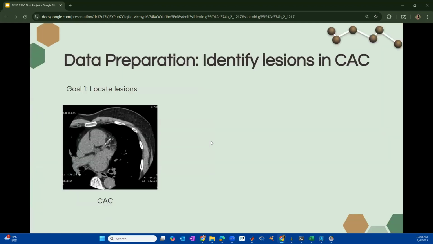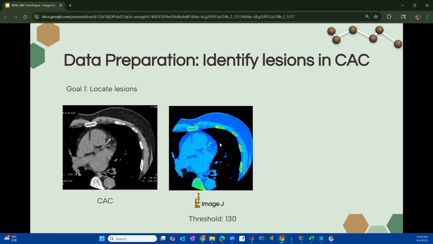After we chose a patient, our next goal was to find and isolate a calcium lesion in a non-contrast CAC scan to train our model. To do that, we first used ImageJ to adjust the brightness and add some coloring, to help us visualize the spots where the lesions are more easily.